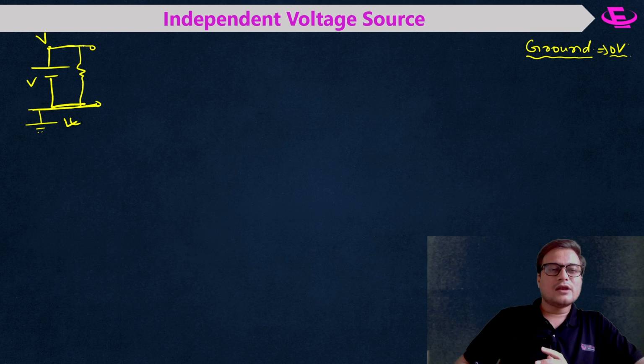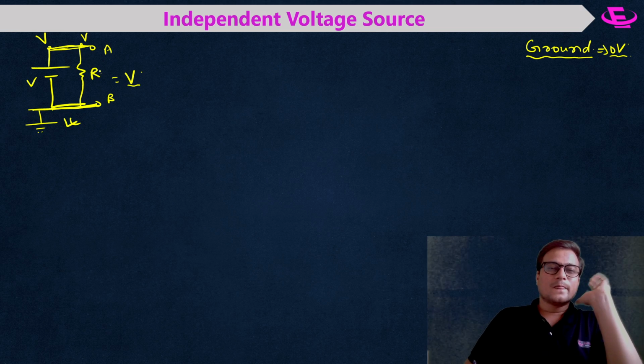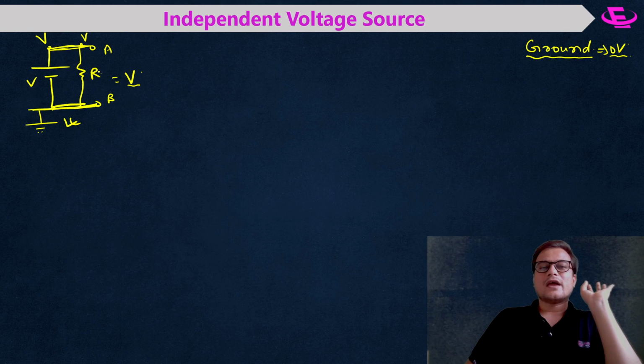Now you can see this is the common wire. Here also the wire is common, so here also the potential will be V volt. So across the AB terminal the potential will be V volt. This is the resistance R. If you place a resistance in parallel to the battery, there is no potential drop because of that resistance.